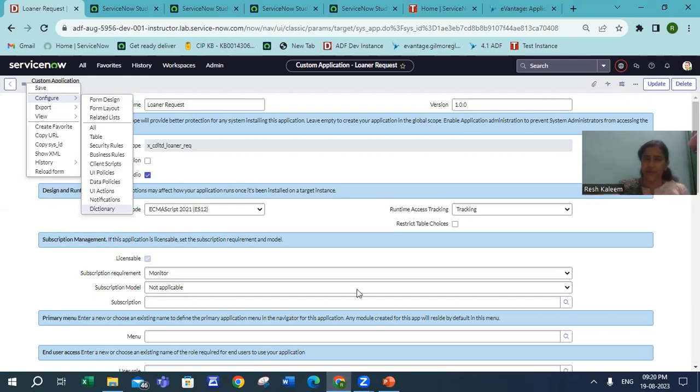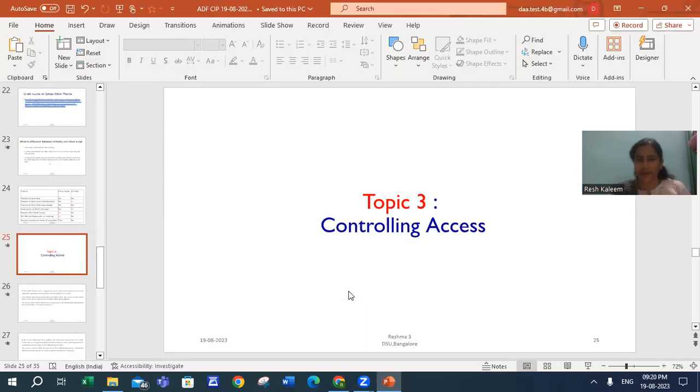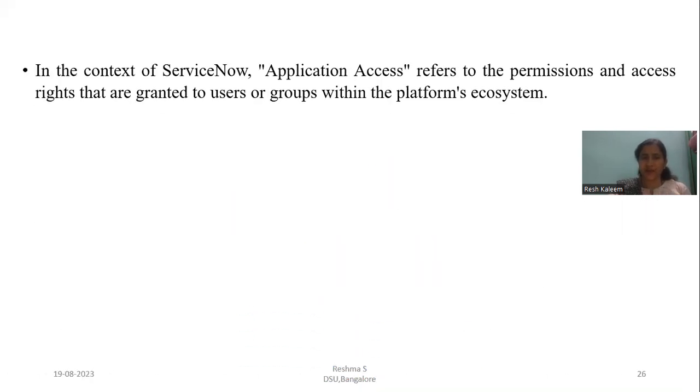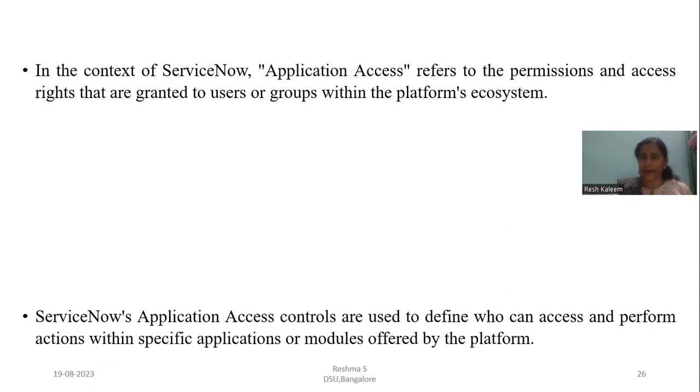So now let's continue with the next very, very important topic, controlling access. Now in controlling access, what do you mean by control access with respect to ServiceNow? In ServiceNow, application access refers to permissions and access rights that are granted to the users or the groups within the platform's ecosystem.